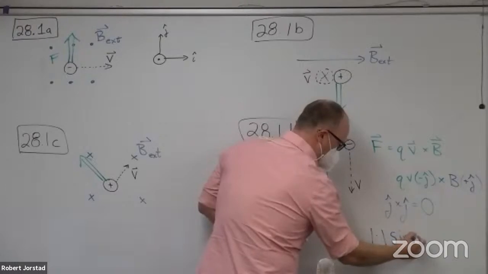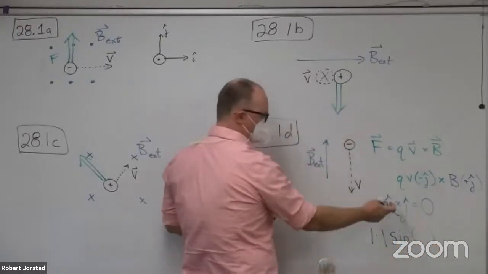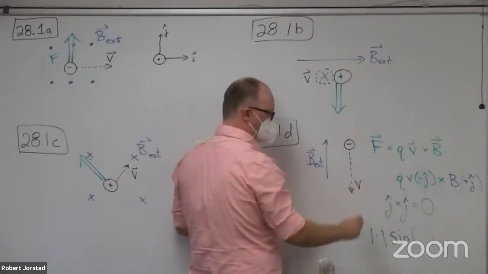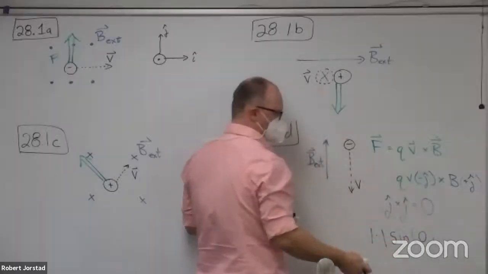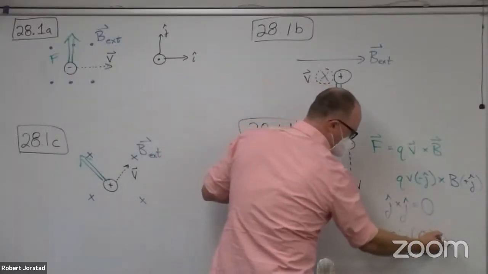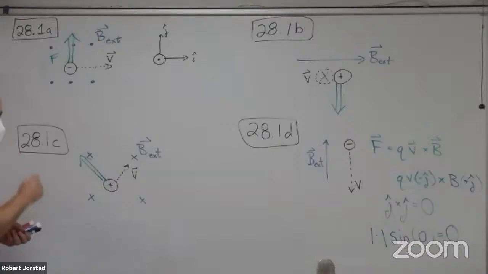Sine of the angle between. Well, what's the angle between J hat and J hat? How many degrees are there between J hat and J hat? Zero. Or you could argue J hat and negative J hat, it's 180, right? Well, what's sine of 0 and what's sine of 180? Zero. Remember all that? Okay. All right.